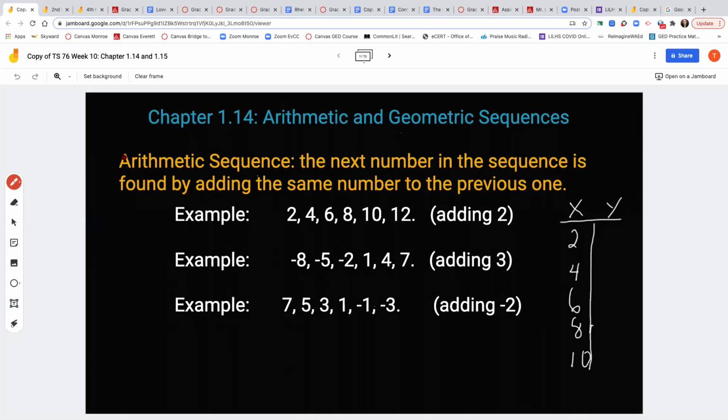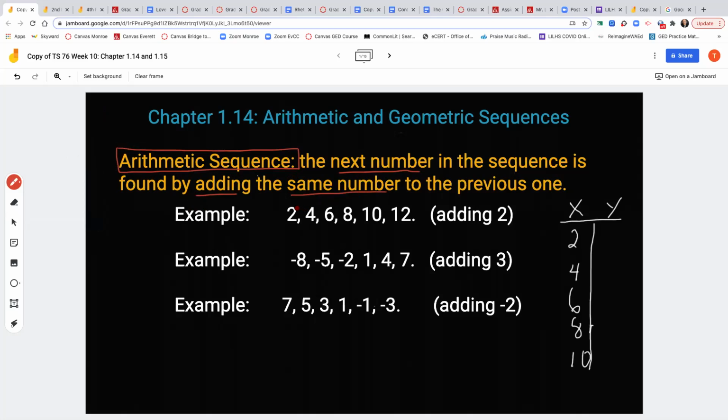So we got this thing called an arithmetic sequence in mathematics. And in an arithmetic sequence, the next number in the sequence is found by adding the same number to the previous one.